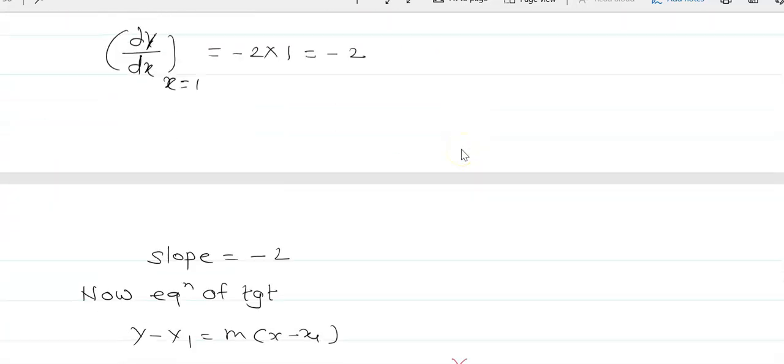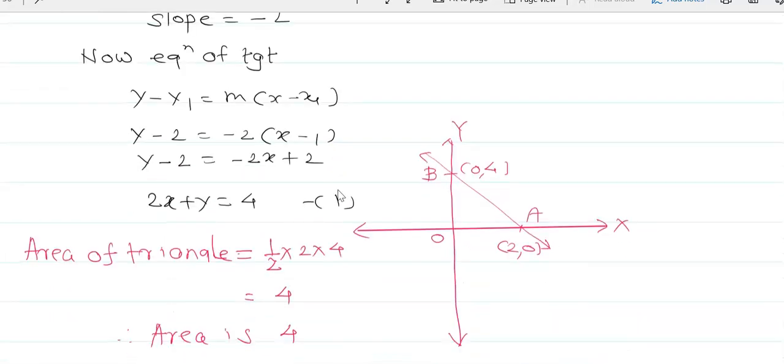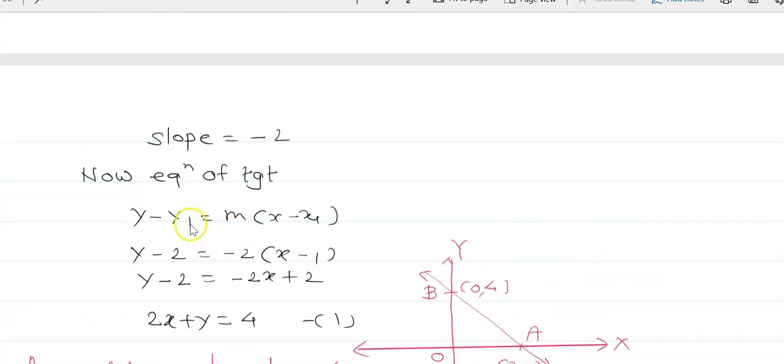Now we'll form the equation of the tangent. We have the slope equals to minus 2. Now see this figure. This is the x-axis, y-axis, and this is the tangent. First of all, we form the equation, then we see the coordinate axis. y minus y1 is equals to m in bracket x minus x1.